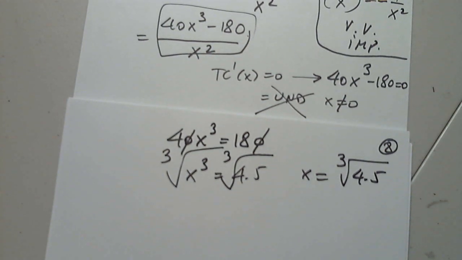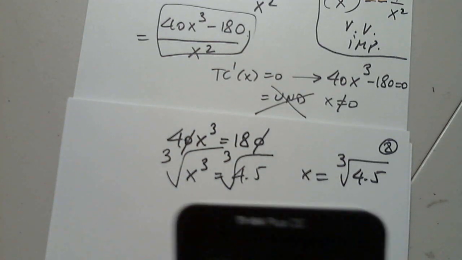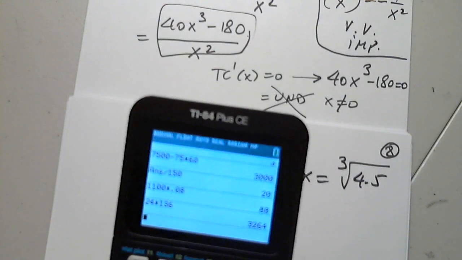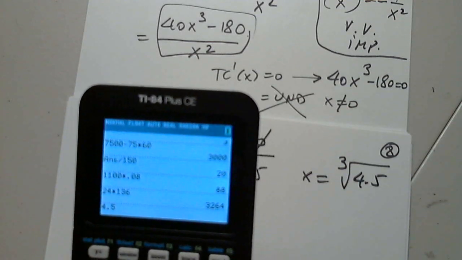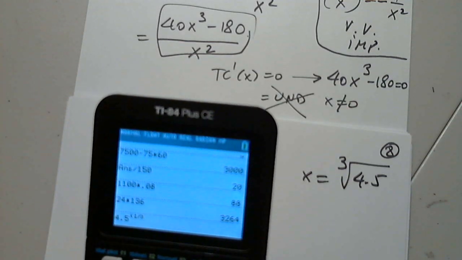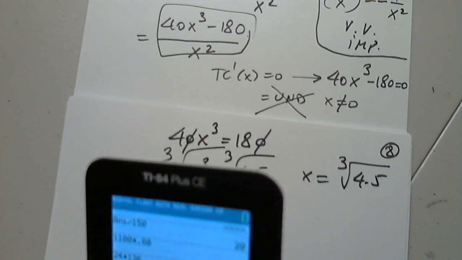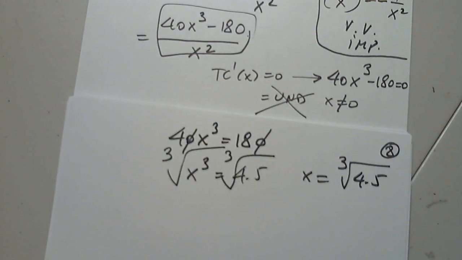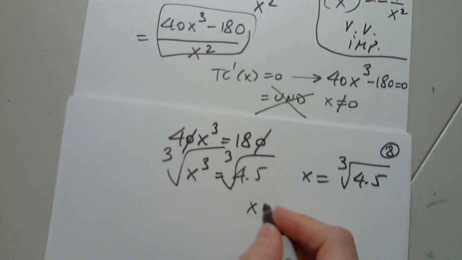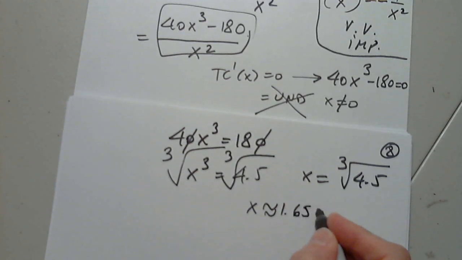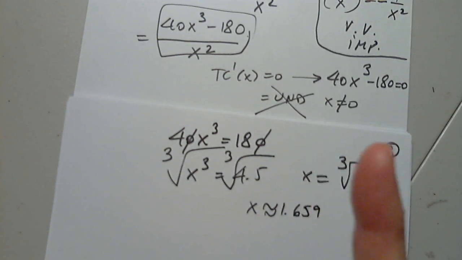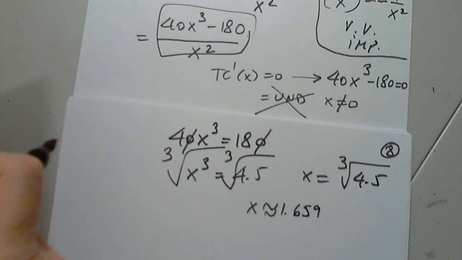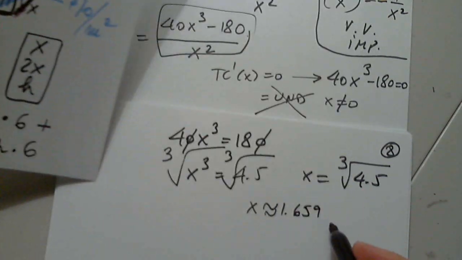That doesn't mean anything. I'm not going to tell you that I have the cube root of 4.5 in my pocket. I will have to tell you that I have 4.5 to the power 1 divided by 3. I have 1.65. So x is approximately 1.659, and that is in meters.